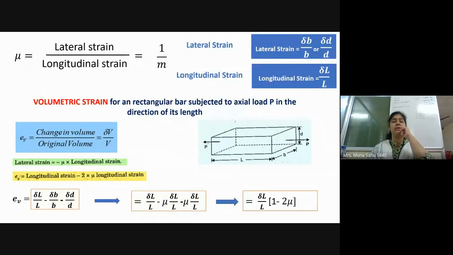So you can write the equation delta B by B or delta D by D. So if it's a cylindrical rod, longitudinal strain is on the length and lateral strain is on the diameter. Okay? You guys are done?